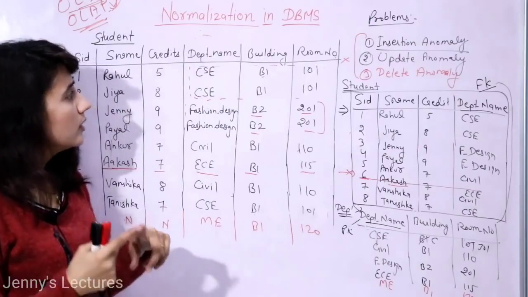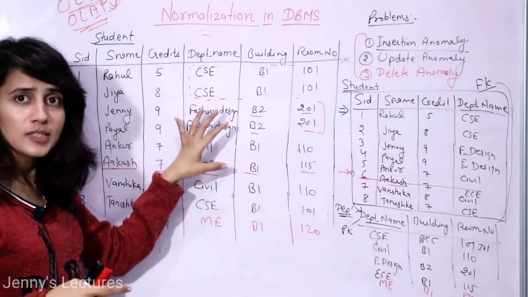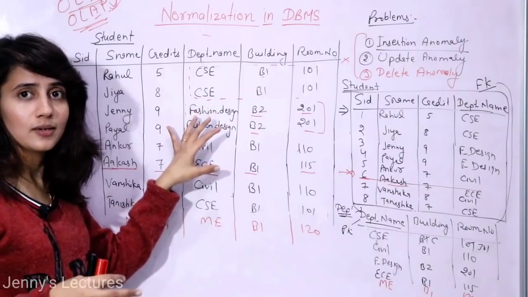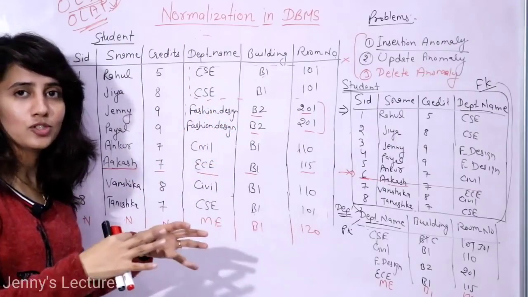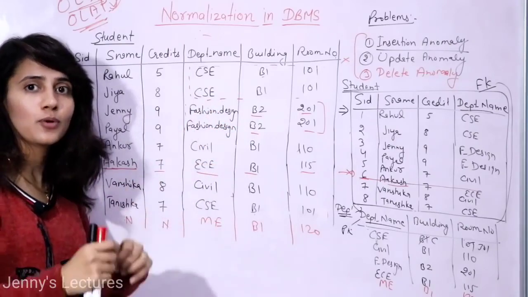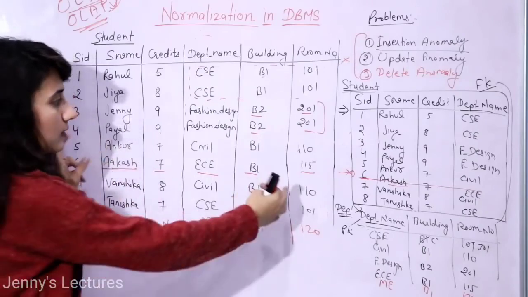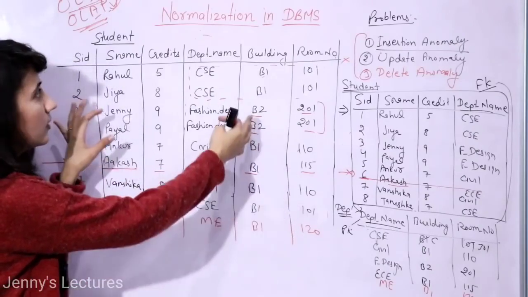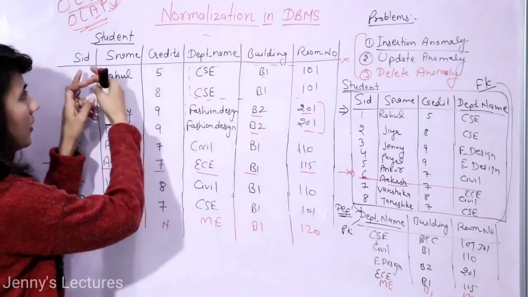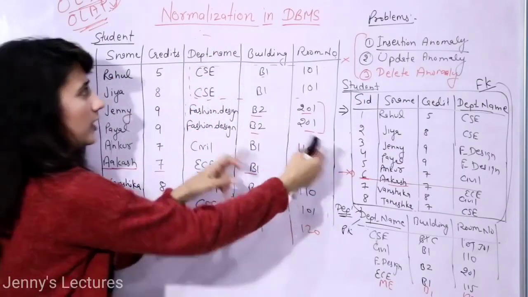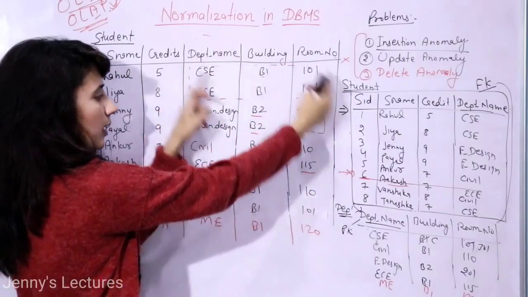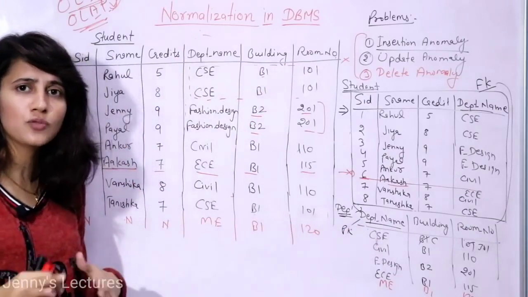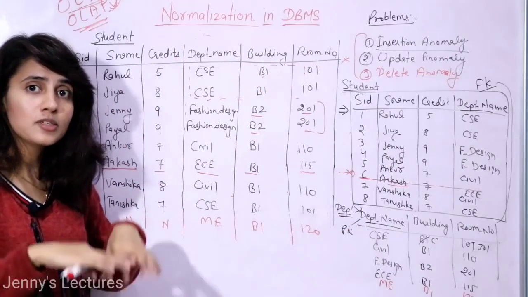Another point is what? See, decomposition of a table is also not so easy. To find the right decomposition is a very tough process, fine. Here this is a simple table. By looking at this, you can easily find out that we will separate the student information in one table and the department information in another table. That is very easy. But sometimes it's not so easy.